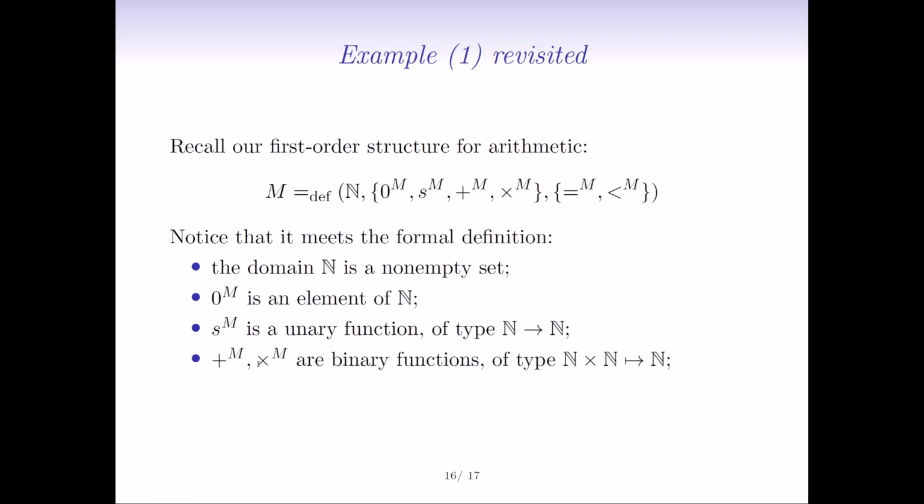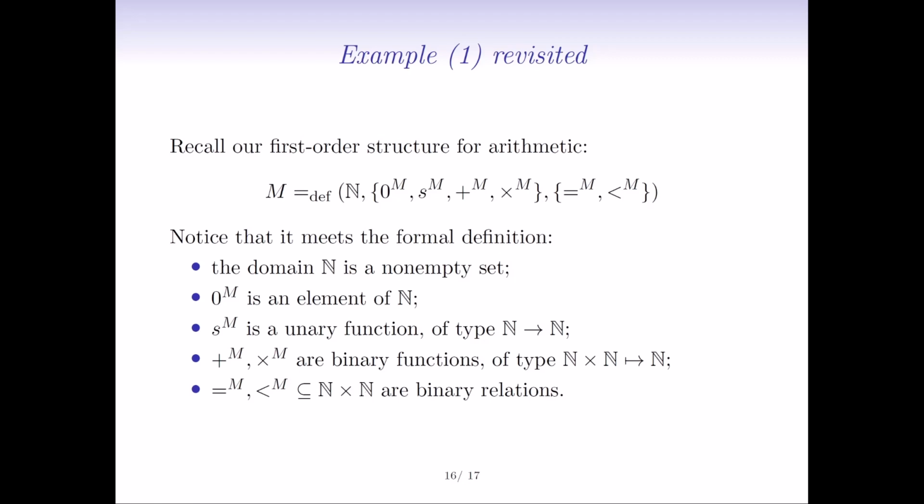Plus m and times m are just addition and multiplication on N, so they're both binary functions on the natural numbers, meaning that they take two numbers and give you back another number. So they have type N cross N into N. And equals m and less than m are both subsets of N cross N. They're binary relations on the natural numbers.